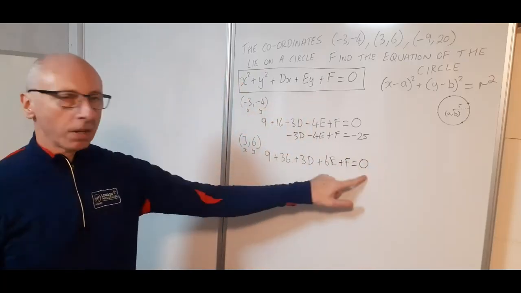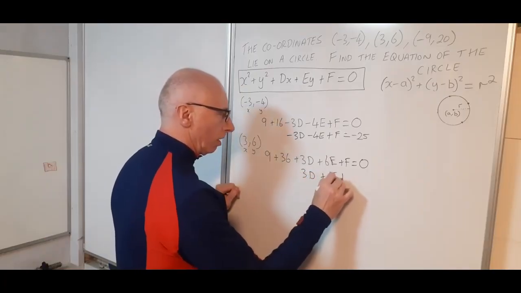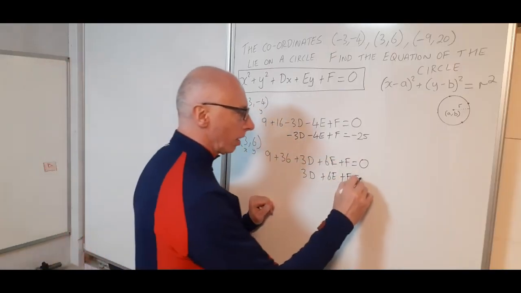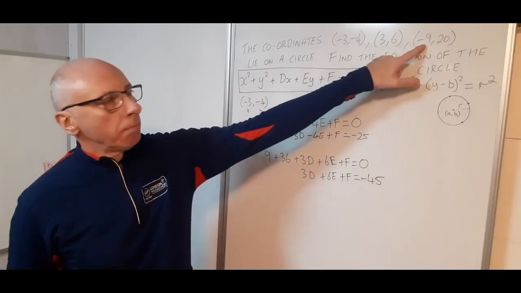Again, bring my constants over to the other side. So I'll have 3d + 6e + f equals -45.